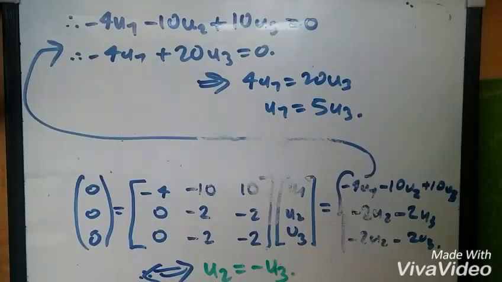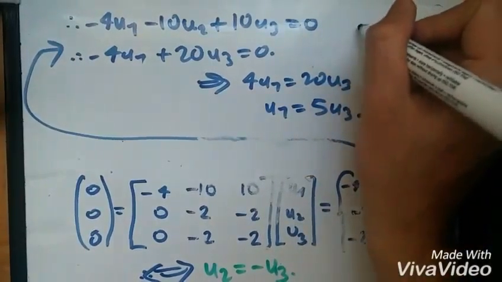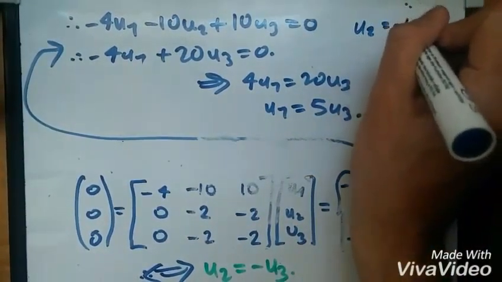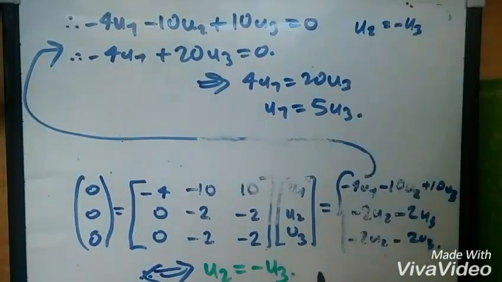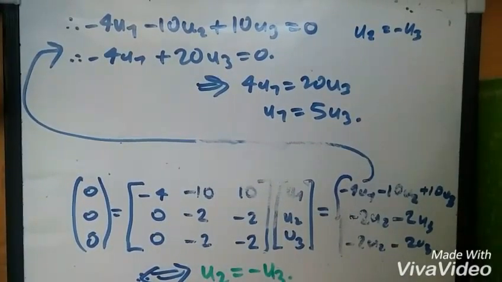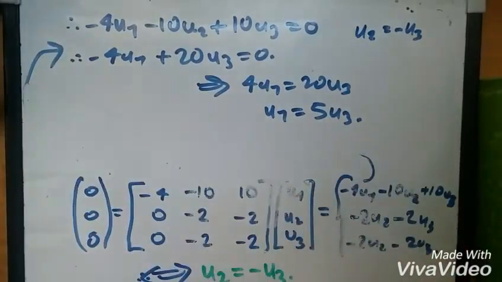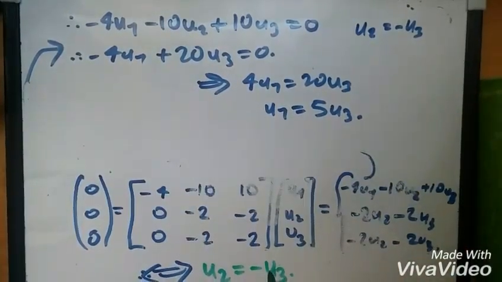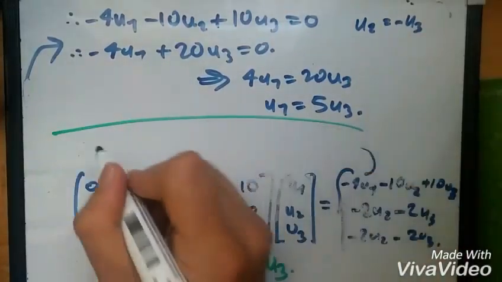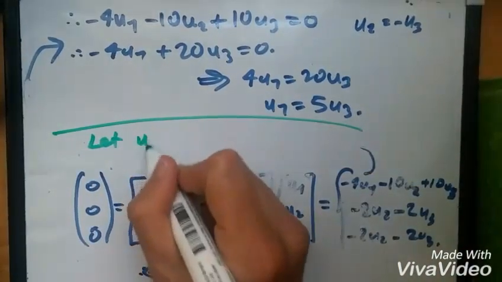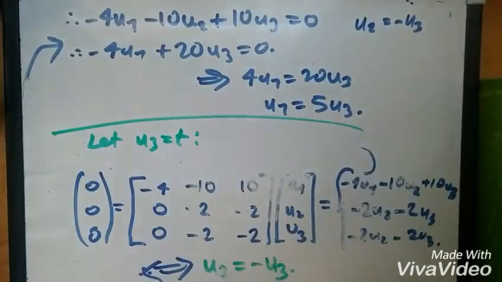So now what we should do here is associate a value for one of them. So far we have that u2 equals minus u3. So in this case, you need to pick a random value for u3 or u1. But I'll pick u3 because all of them are in terms of u3. So I would say let u3 equal t.